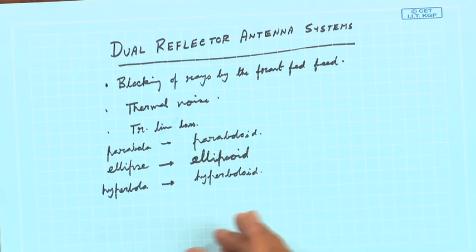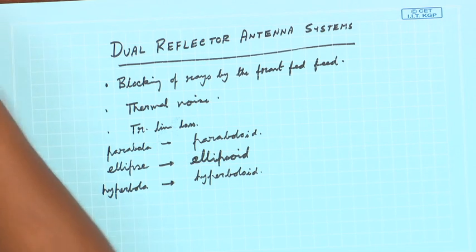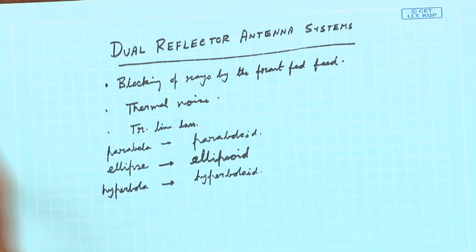Instead of converging to a focus, which was the case in Gregorian, they fall on the paraboloid and produce parallel rays. So, the rays do not meet at any point here because of the hyperbola. Now, the hyperboloid subreflector in the Cassegrain system may have its convex face facing the paraboloid or its concave face facing the paraboloid.